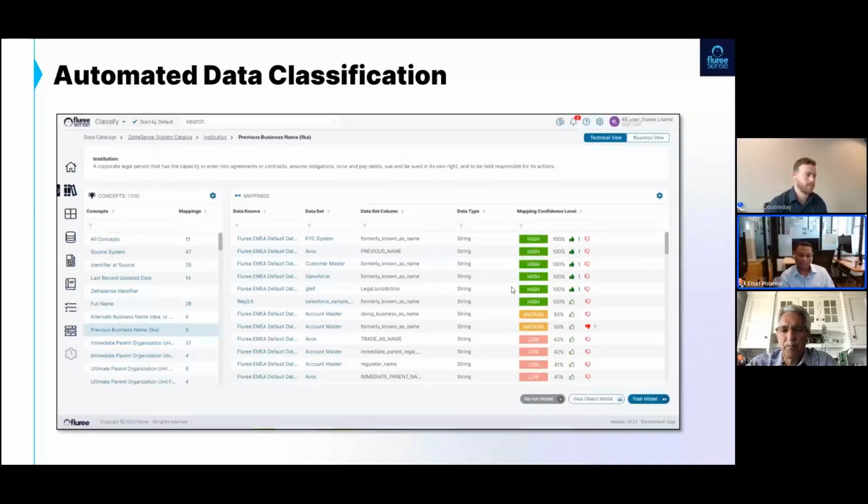That's going to be the next evolution of Fluree Sense and some of our classification capabilities, moving from structured and semi-structured data to covering more unstructured data.